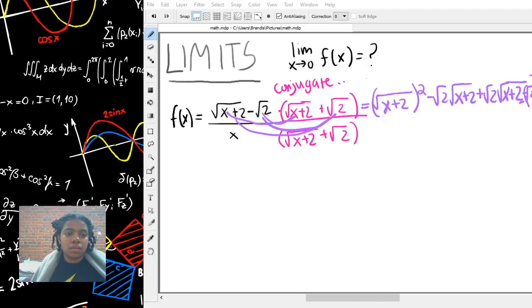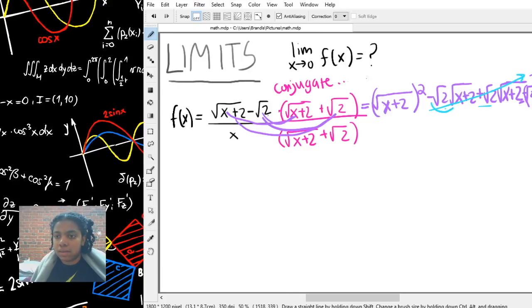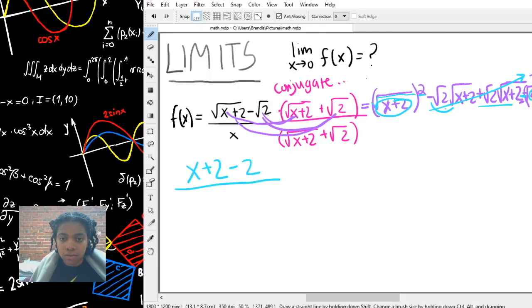So these two cancel because we have a negative this and a positive that. And the square root squared is just the inside, and the same thing for this, but it's negative. So we'll have x plus 2 minus 2 over this multiplied out.